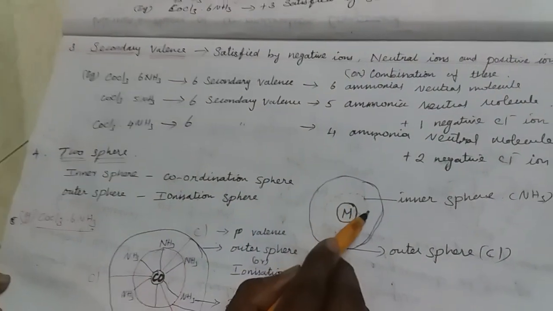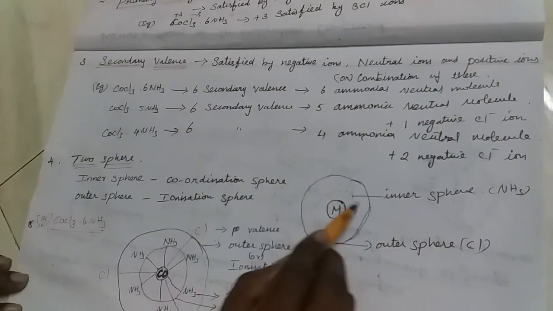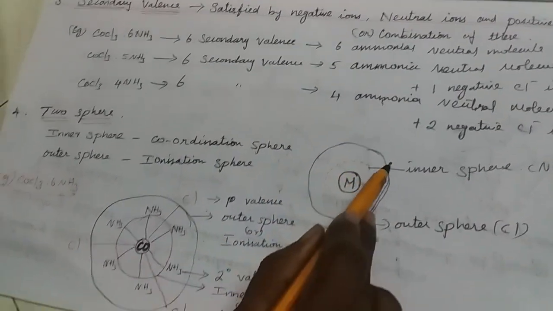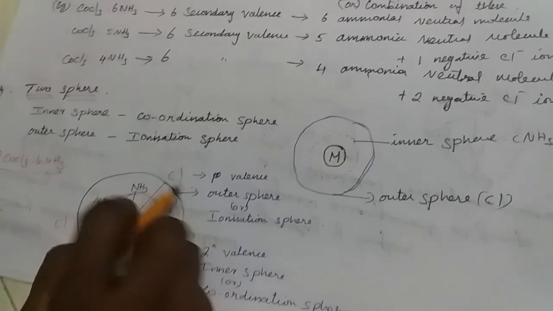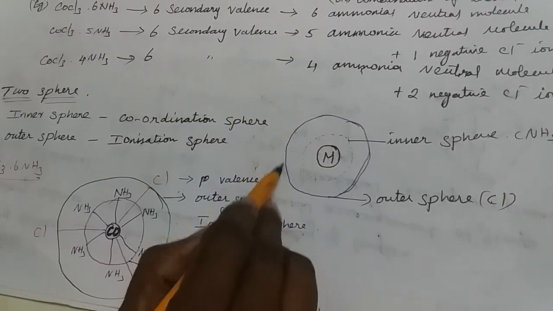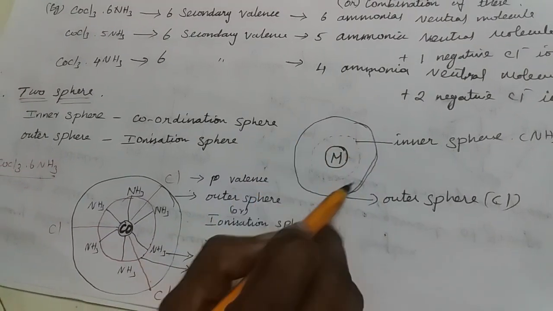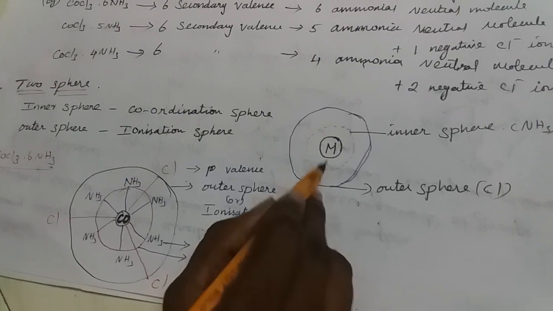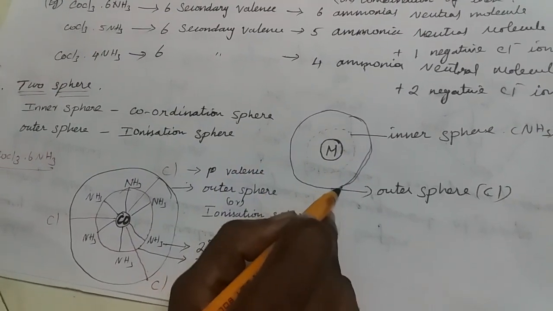This is the NH3, the 6 NH3. This is the secondary ion. This is the outermost, otherwise called the ionization sphere. Why do we call it the ionization sphere? The ions occupied in the outermost sphere are easily removed from the metal.